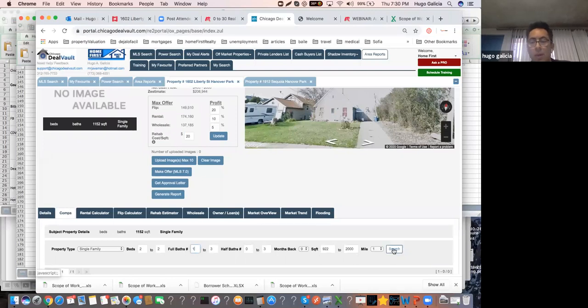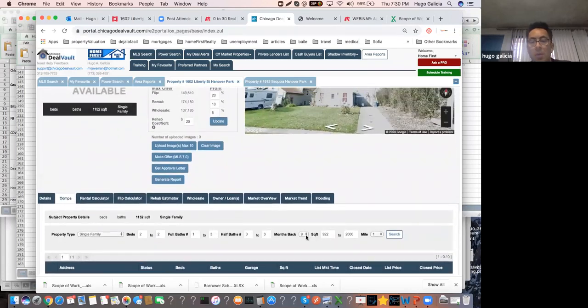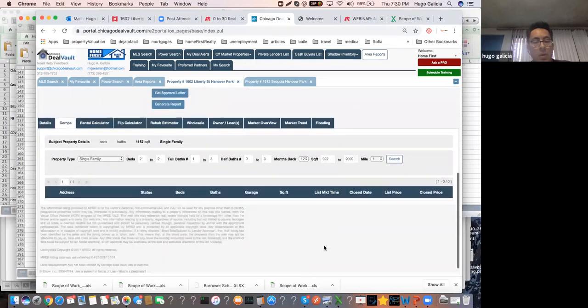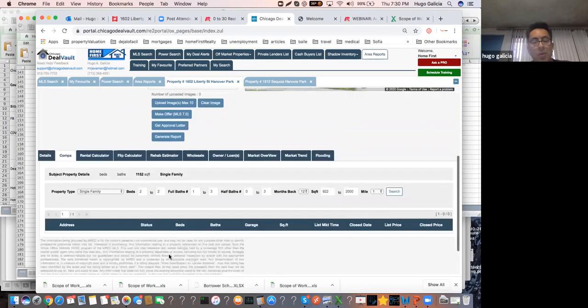From 1 to 3 bathrooms. Let me see, I'm gonna go back up to 12 months. Yeah, we're not finding any comps that are 2 bedrooms in Hanover Park. So most of them are 3 bedrooms.